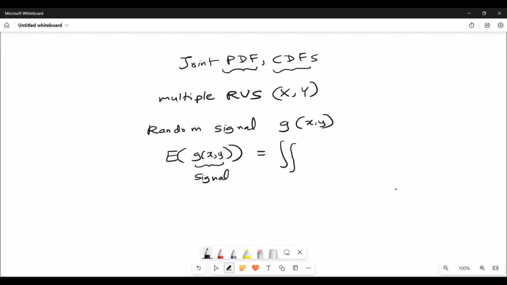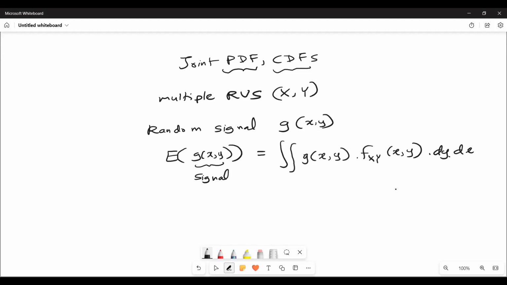We need to just integrate the function using the probability density function f(X,Y)(x,y) with respect to dy and dx.